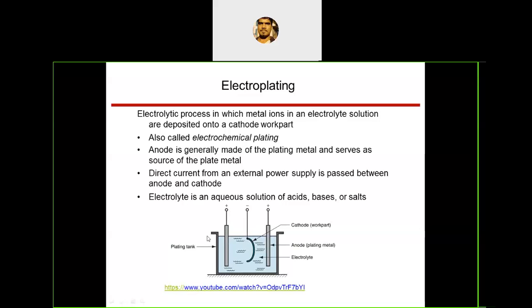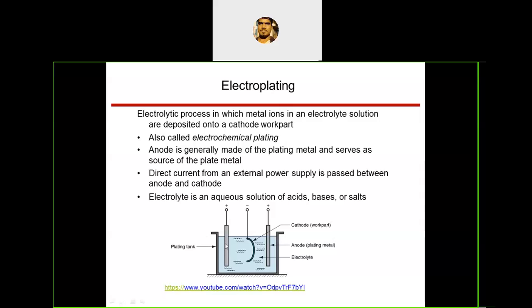The positive one is called the anode and the negative one is the cathode. Because of the electrolyte solution, the negative ions and positive ions dissolve in the solution. That solution dissolves the ions.